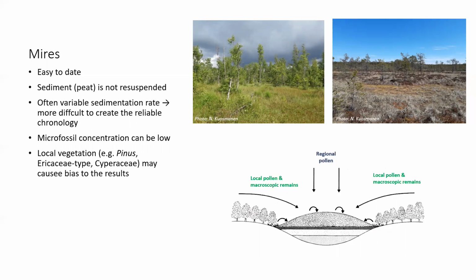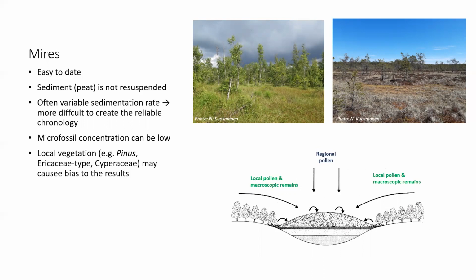Also, sometimes if the peat layers are very fresh, the concentration of microfossils can be low, and it might take more time to identify and count the necessary amount of microfossils. And then, opposite to lakes, mires can have quite a strong signal from the local vegetation.